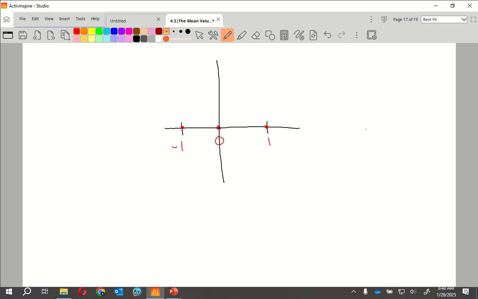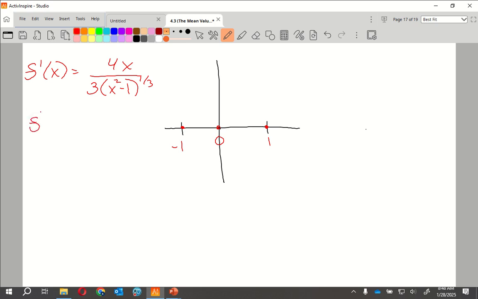So my f prime of x is 4x over 3 quantity x squared minus 1 to the positive 1/3, right? So I want to plug in numbers to the left and to the right. So this one right here, it's going to be a pain, but let's try the number negative 2.